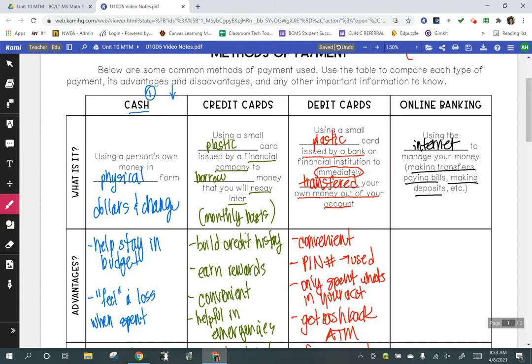So some of the advantages is it's an easy way to pay bills. And then, a lot of banks have apps to make things easier.